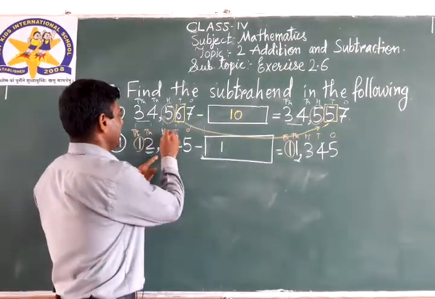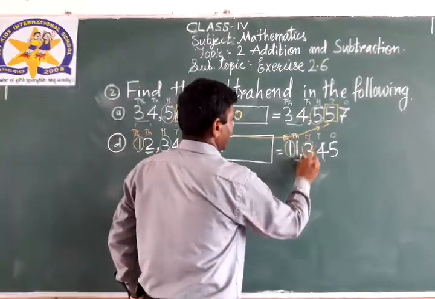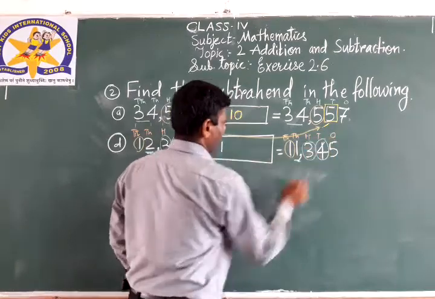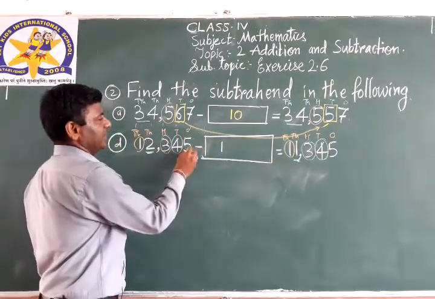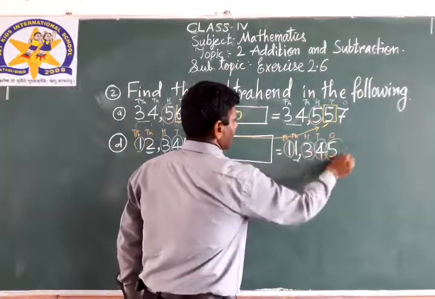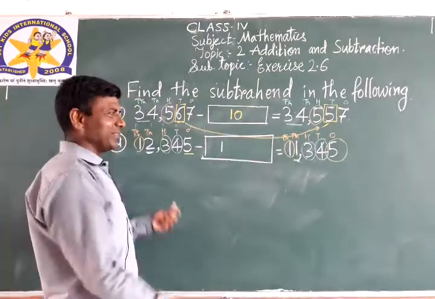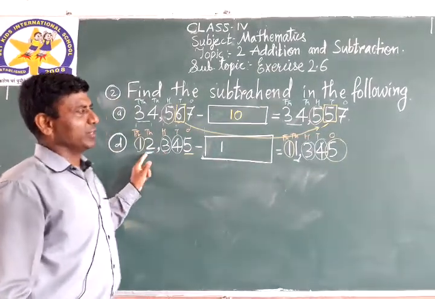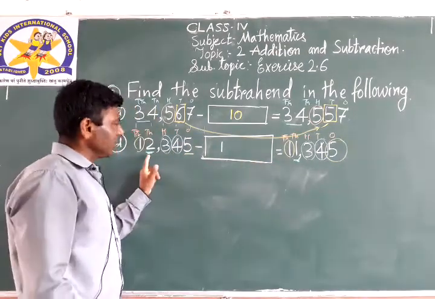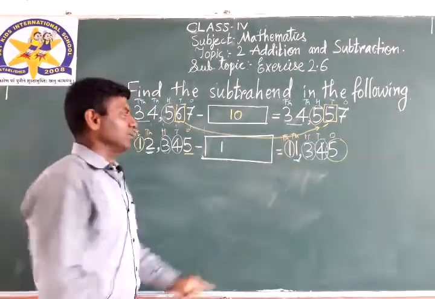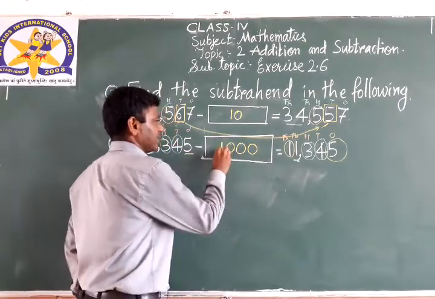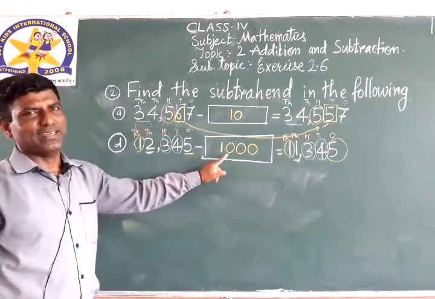Here 100 place 3, here 100 place 3. Here tens place 4, here tens place 4. Here ones place 5, here also ones place 5. Same numbers are there. Only the 1000 place is 2 here and 1 there. Means 2000 minus 1000, that is 1000. So our subtrahend is 1000.